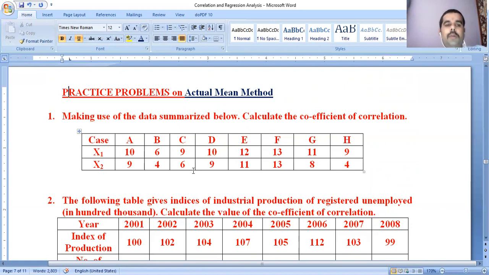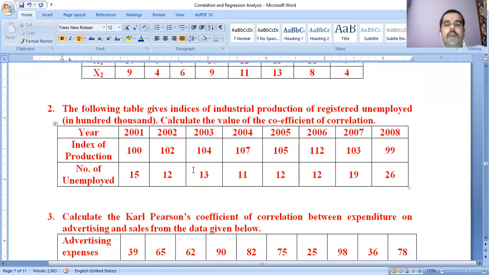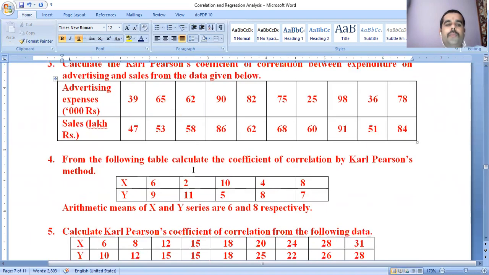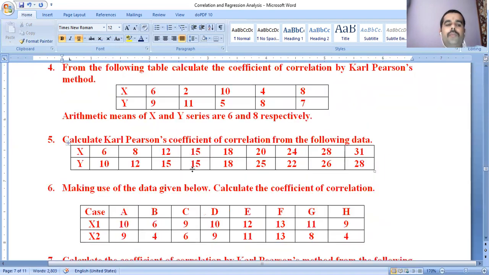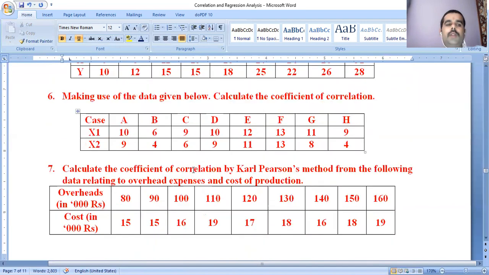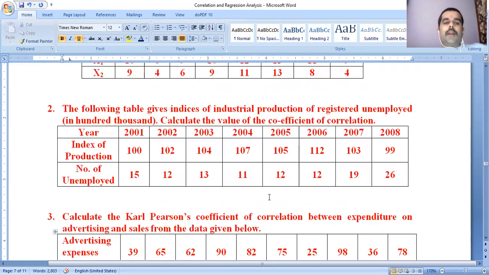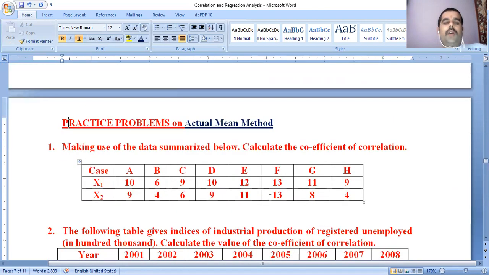Observe the first problem carefully here: number 1, number 2, number 3, number 4, number 5, number 6, number 7. These are the 7 problems, and these 7 problems have been repeated a number of times for MCom, MBA and BCom students.